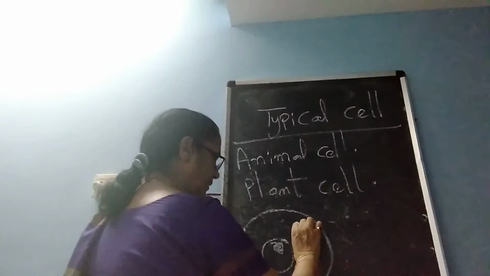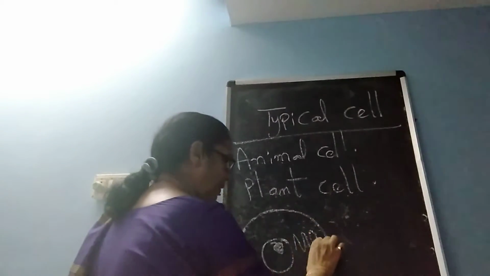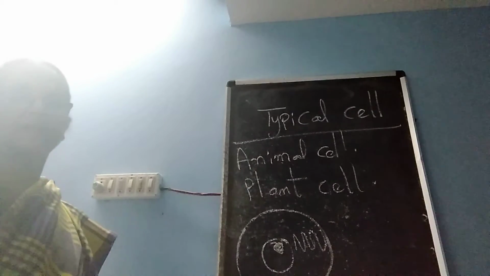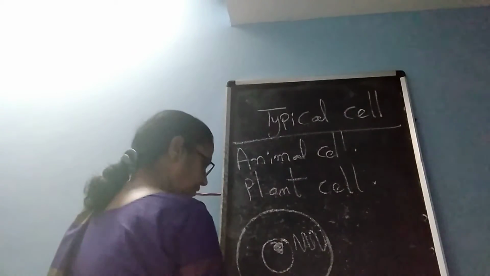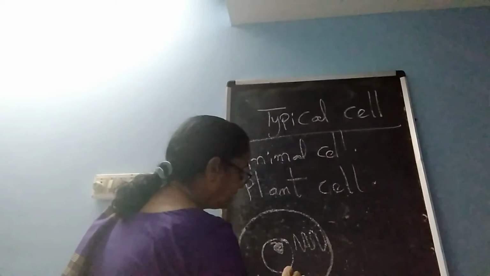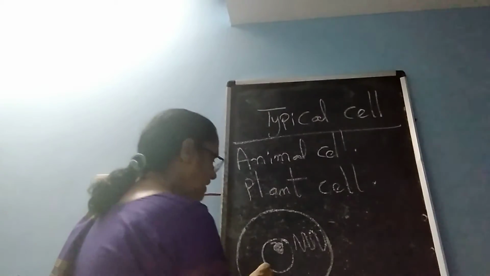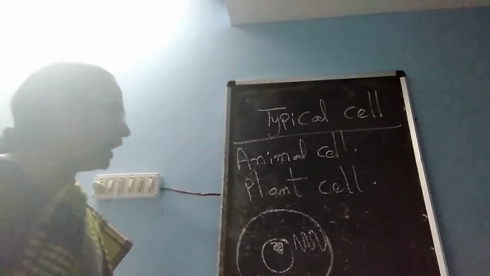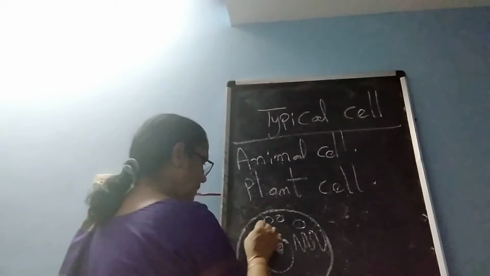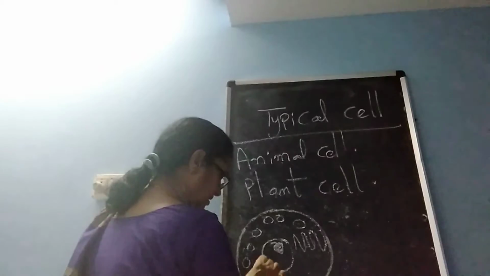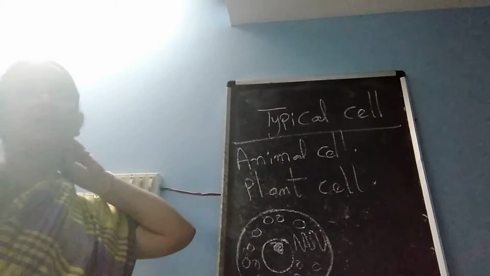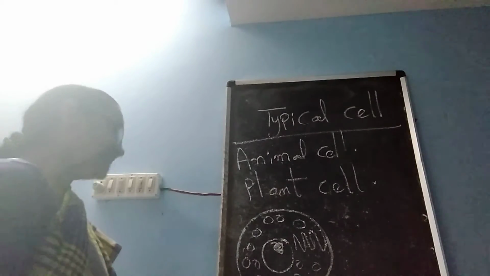Extending between the cell membrane and the cell, the endoplasmic reticulum is found. Inside the cell, there are some saucer-shaped bodies. These are called the mitochondria, and the cell contains a number of vacuoles. This is a brief study of a typical animal cell.